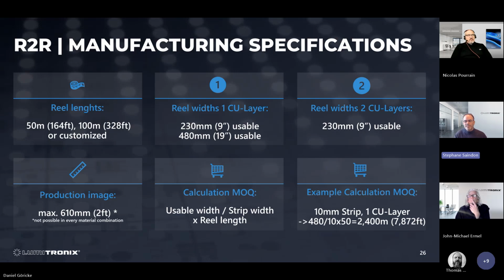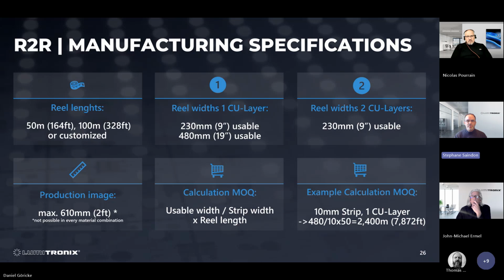So if we take a one layer option for high volume on a 10 millimeter strip, we would do 48 strips of 50 meters each, which would give you 2,400 meters or a little less than 8,000 feet.